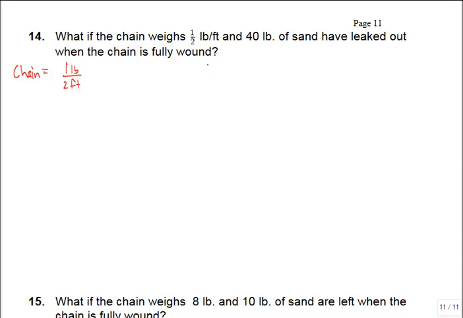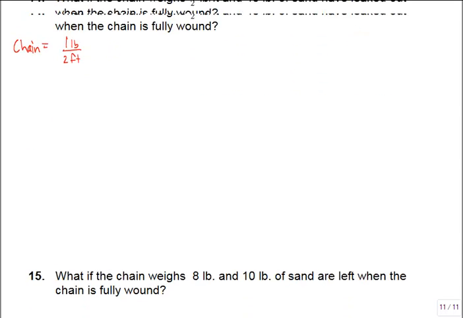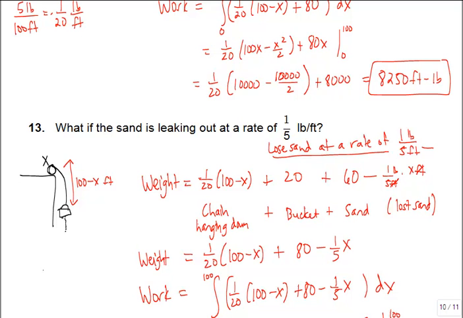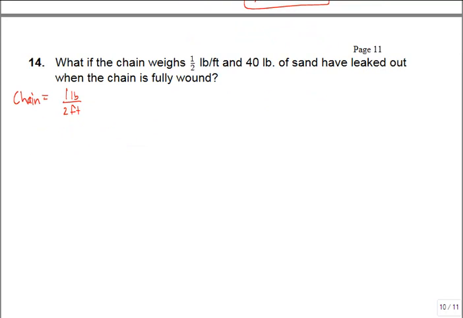So this time, instead of telling me, like in the last example, that the sand is leaking out at a rate of 1/5 of a pound per foot, where they actually gave me that rate already, in this next example, they're not giving me that rate right away, but they're giving me enough information to figure it out.